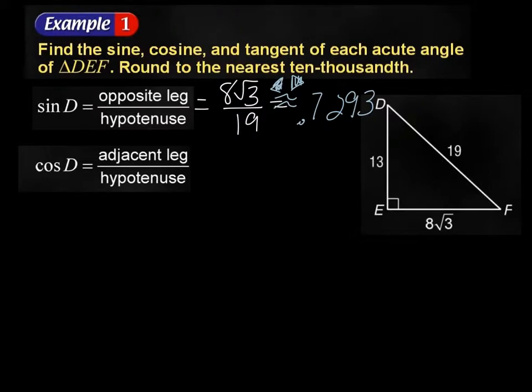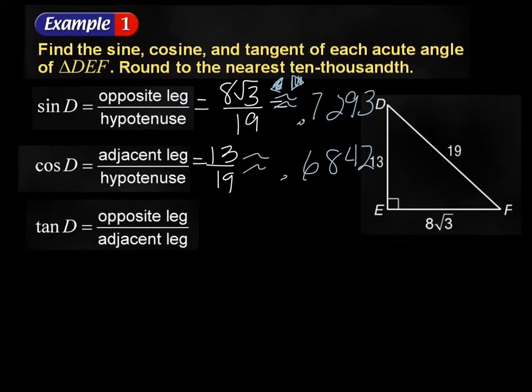The cosine of angle D: adjacent to angle D is 13, over the hypotenuse, which is still 19. When we type that in to get a decimal, we get about 0.6842. The tangent of angle D is opposite over adjacent.